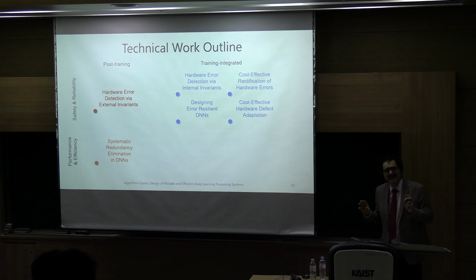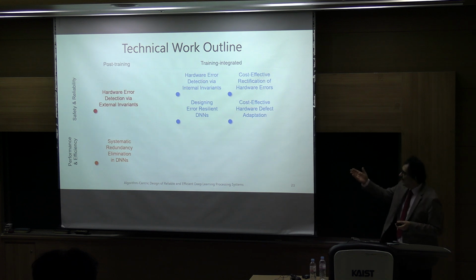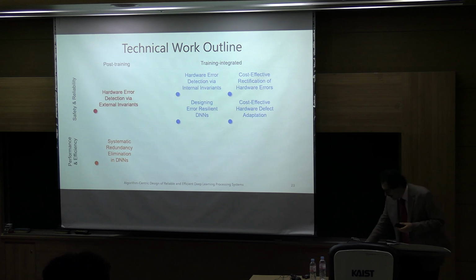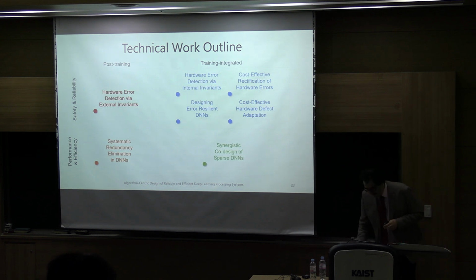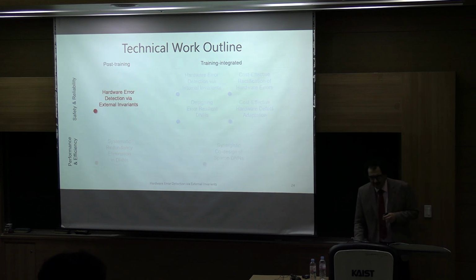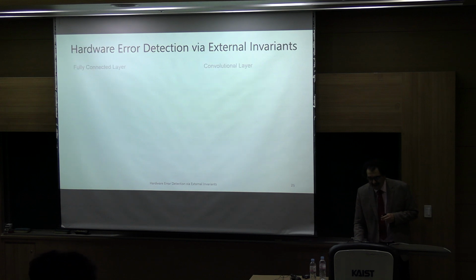And then in terms of architectural concerns, we're going to talk about post-training, systematic redundancy elimination in DNNs, and then synergistic co-design of sparse DNNs. So these are some of the pieces. So let's get started with the first top left guy over here.